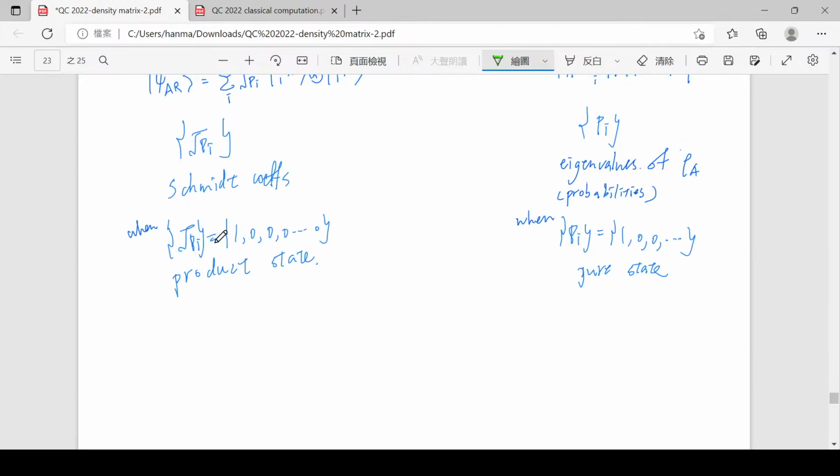And when it's not equal to 1, 0, 0, 0, then this side will be an entangled state, and this side will be a mixed state. So this is entangled, and this will be mixed.